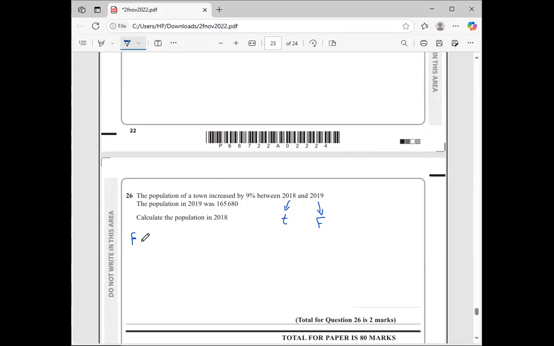Let's just state the formula, then we'll put in what needs to be put in. So the final will be equal to the old one, the initial one, that's the one for 2018, plus the percentage increase, which is what? 9%. And 9% is simply what? 0.09.